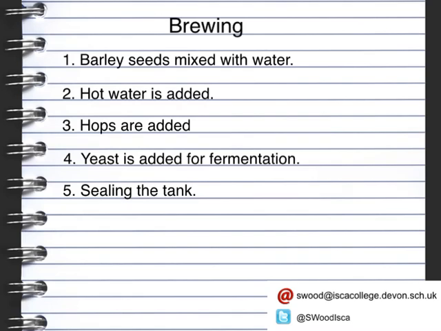Stage 6 is clearing, where a chemical is added to clean or clarify the beer into a clear liquid. Now stage 7 is similar to what we had in the yogurt producing section, and that's where the beer is pasteurised.